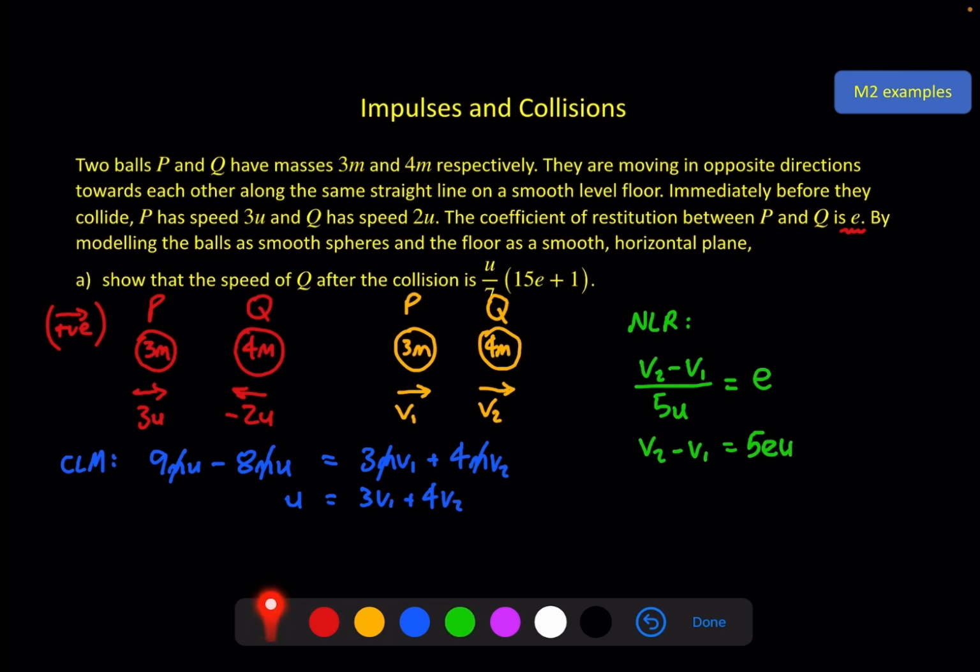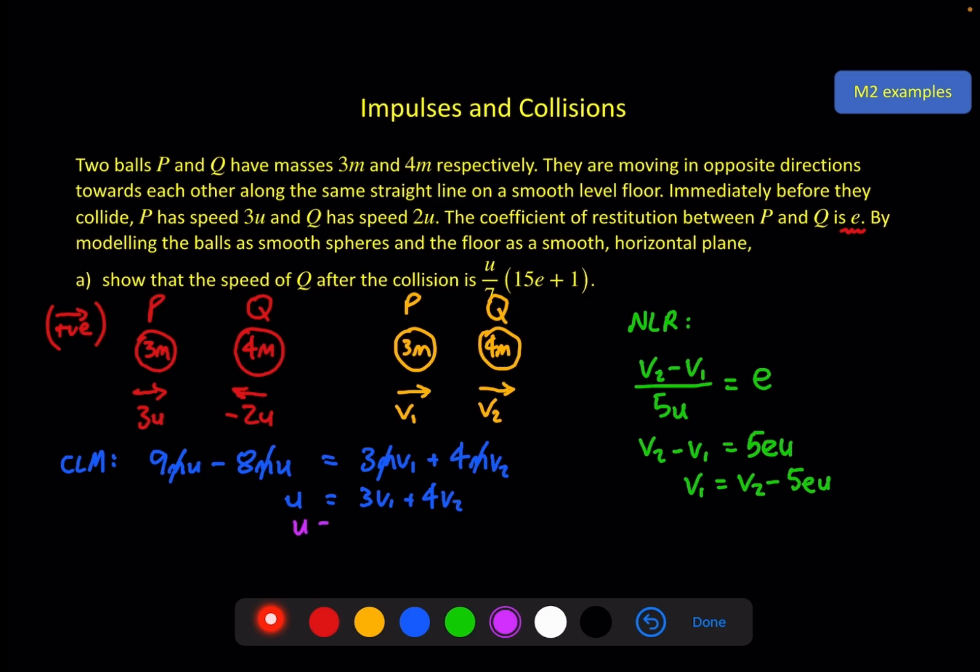And because I want to find the speed of Q, I want to isolate v2, which means I want to substitute v1. So v1 is equal to v2 minus 5eu, and I can put that expression in this equation here.